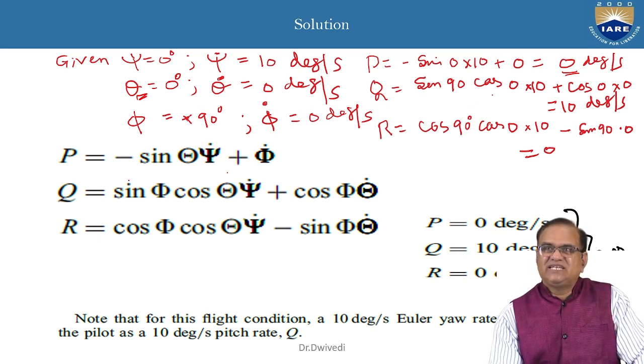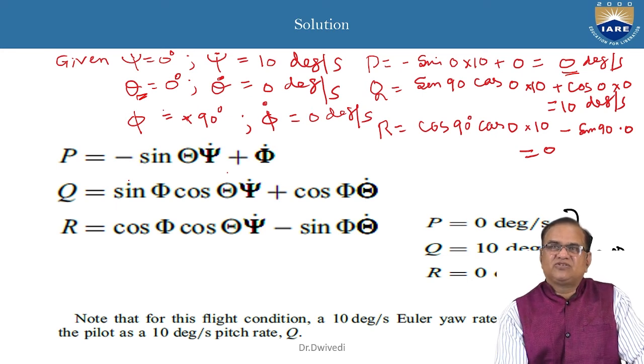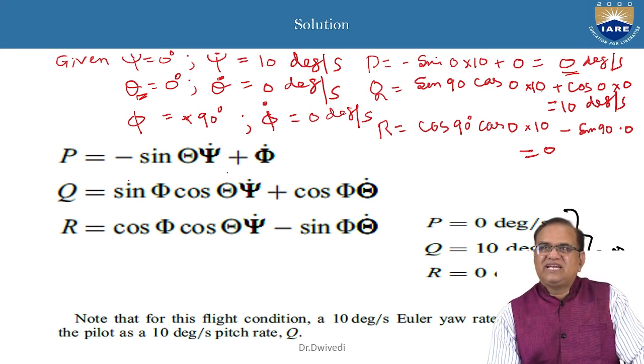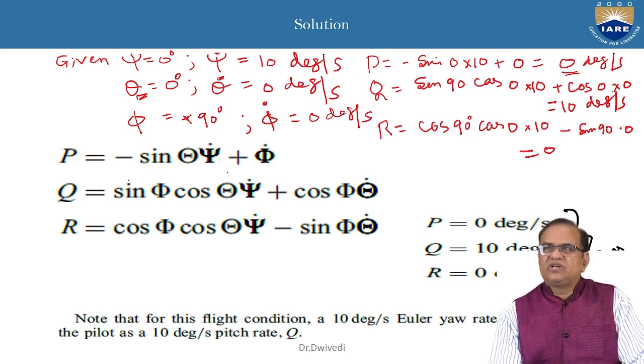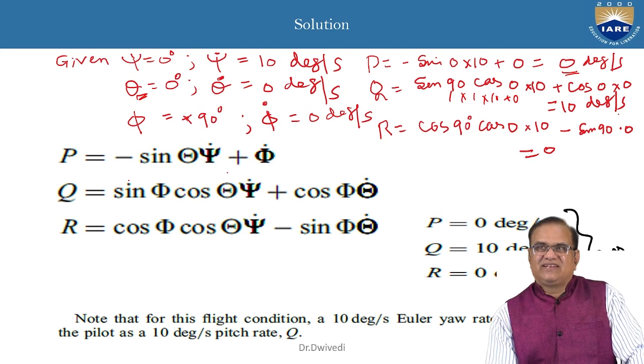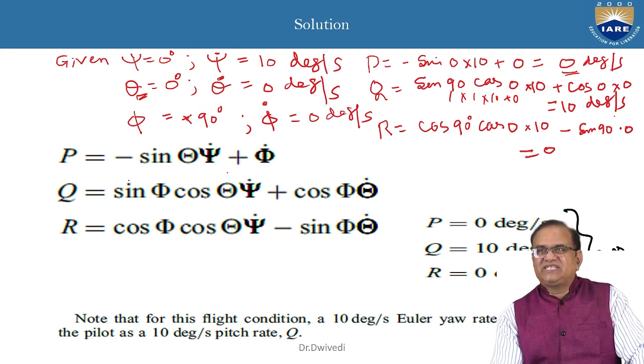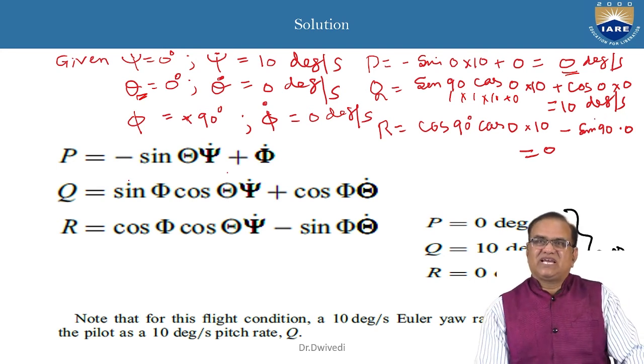So sine 90, then cos theta is cos 0, then psi dot is 10, plus cos phi into theta dot, which is 0. So sine 90 is equal to 1, cos 0 is equal to 1, into 10 plus 0 is equal to 10 degree per second. So your pitch rate is 10 degree per second.